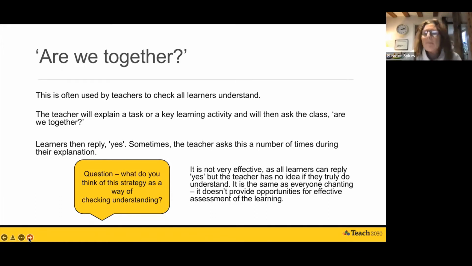It's not, and this is my opinion, very effective, as all learners can reply yes, but the teacher has no idea if they truly do understand. It's the same as everybody just chanting an answer or a passage from a textbook. It doesn't provide opportunities for effective assessment of the learning.